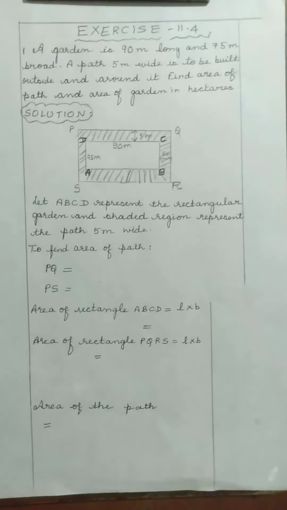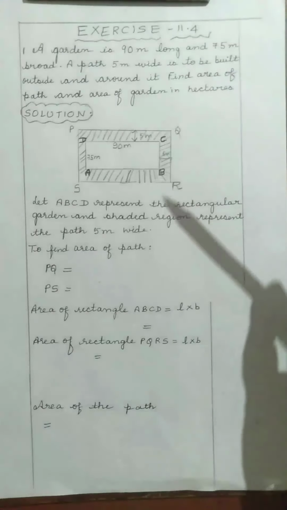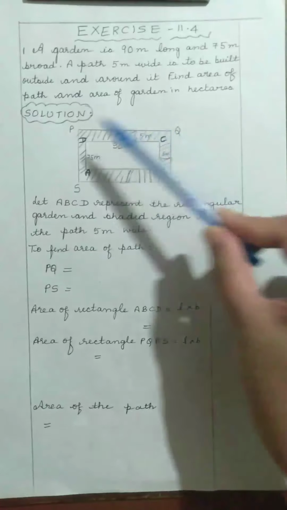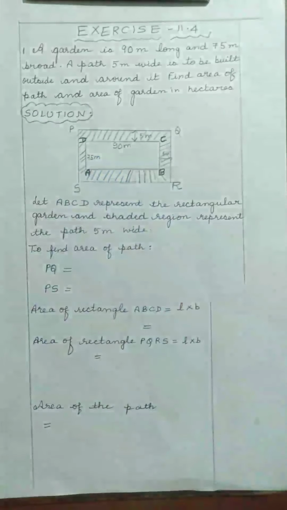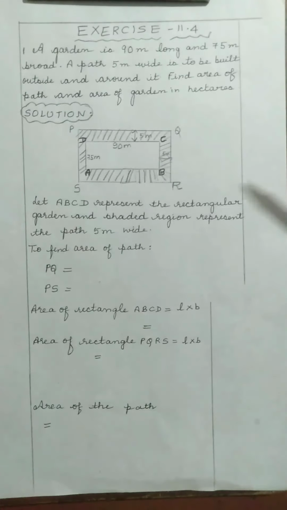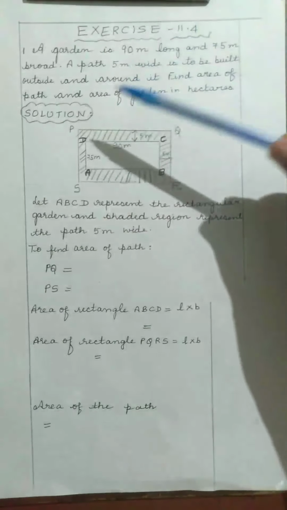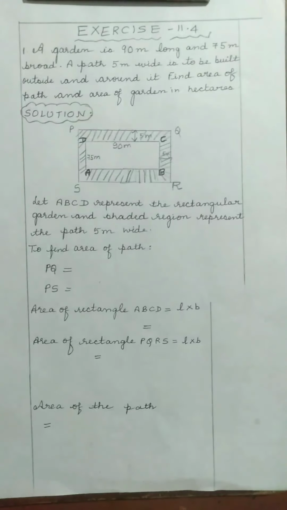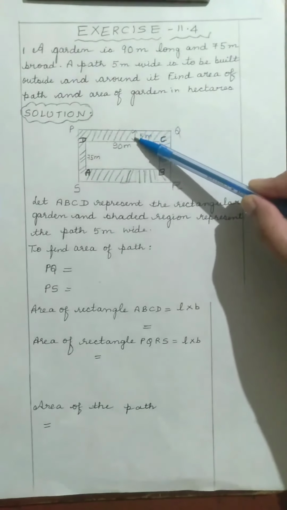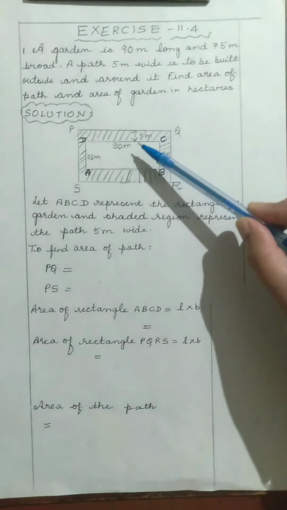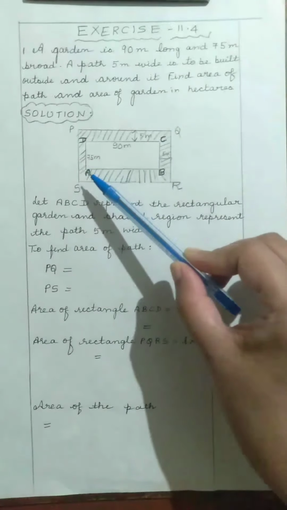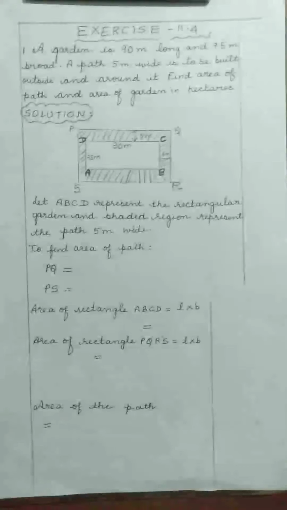Therefore, we know the rectangle ABCD length and breadth. But now we shall find out the length and breadth of the rectangle PQRS, that is built with the path of 5 meter wide outside and around the rectangular garden ABCD.